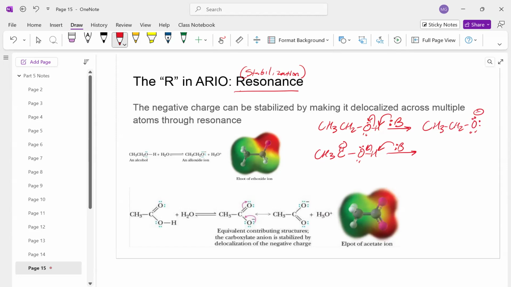So for the alcohol, we get that anion. For the carboxylic acid, we get that anion. Now, the A is not going to help us here. The A in ARIO won't help us because the charge is on oxygen in both cases.